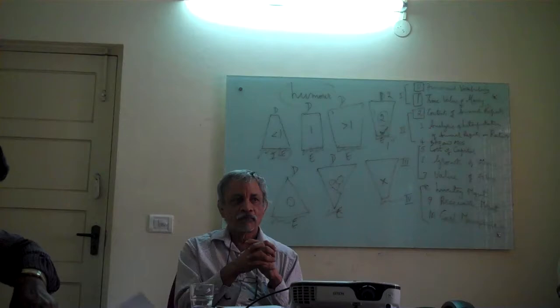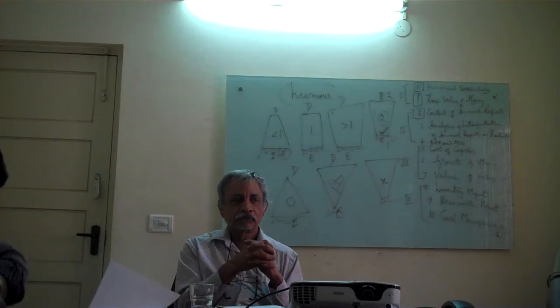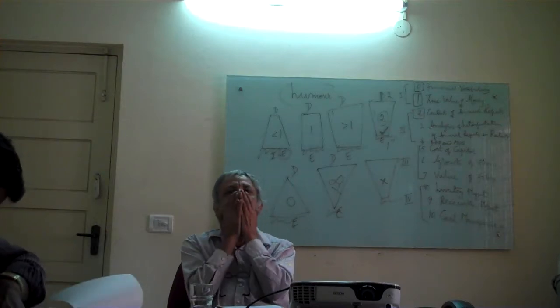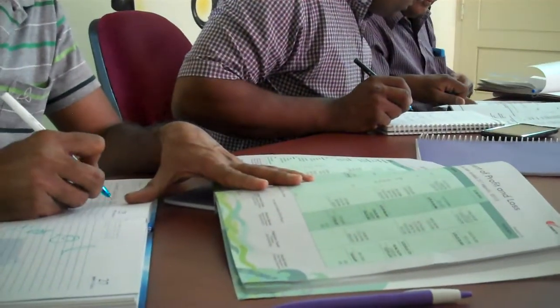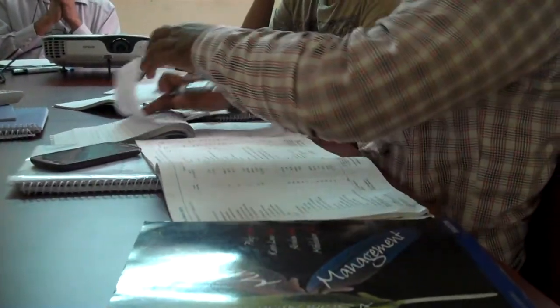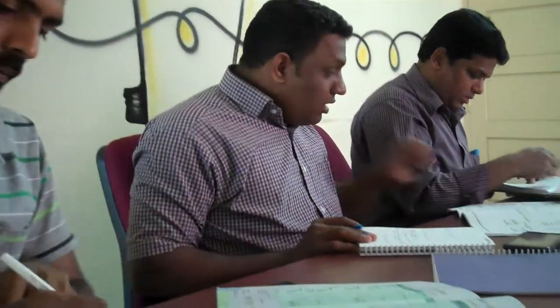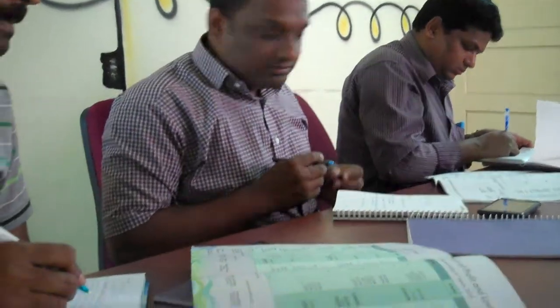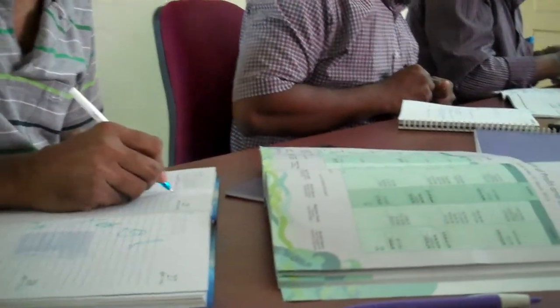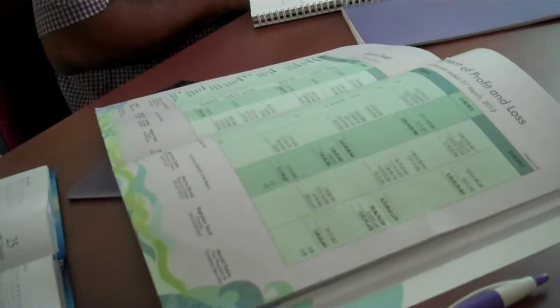So now calculate current liability, only these. Current assets are A and current liability is B. You got the figures. Yes.